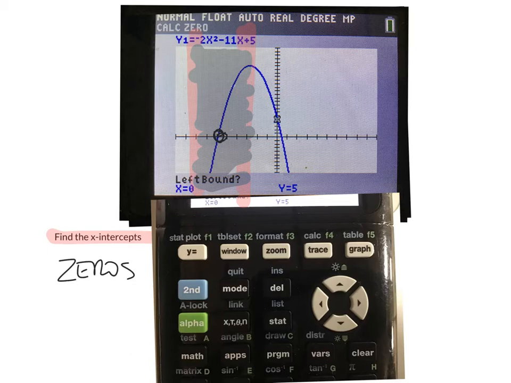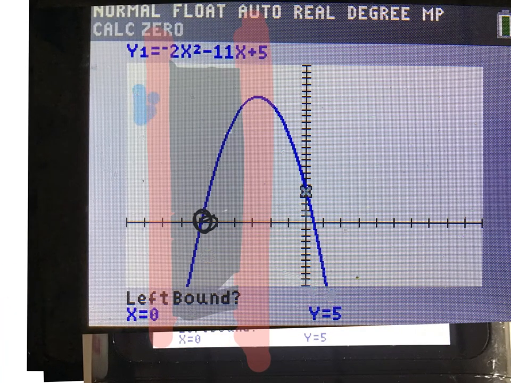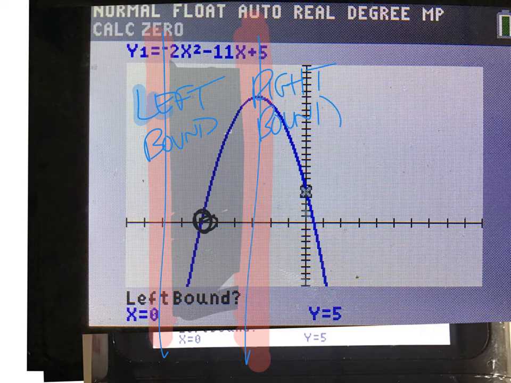So you're going to give your calculator what they call a left bound and a right bound. You're going to tell your calculator, look in between these two places and find where it crosses the x-axis.